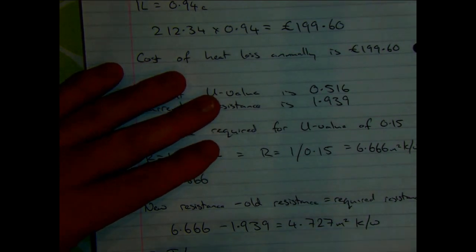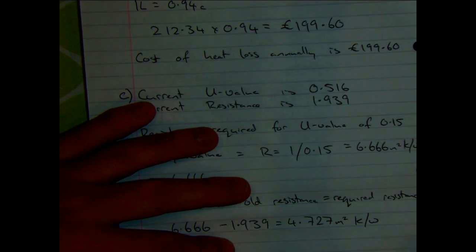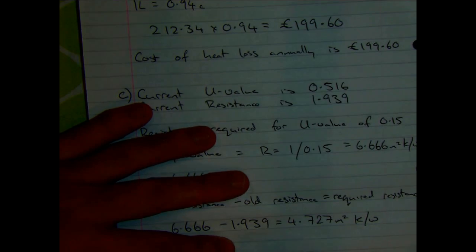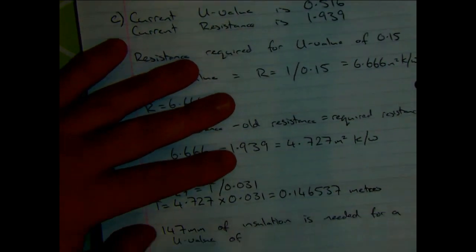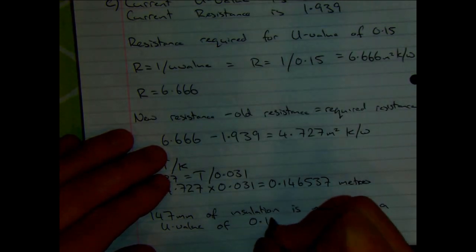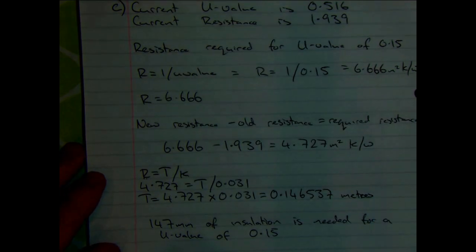If we were to convert that into millimeters, it'd be 147 millimeters of insulation. So that's what's needed for a U value of 0.15. I'm going to go over that again because I don't think you saw half of that.